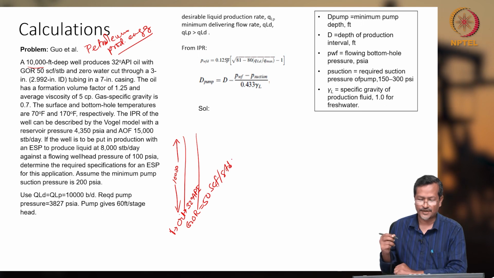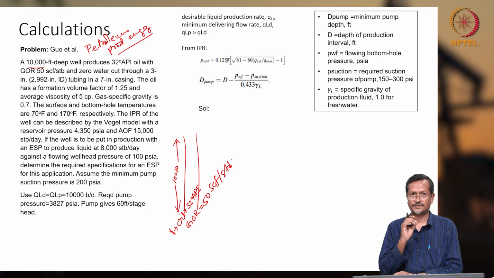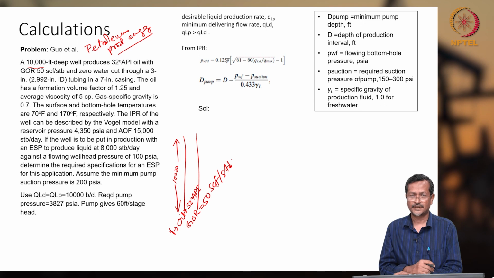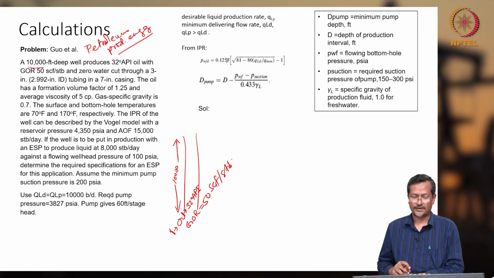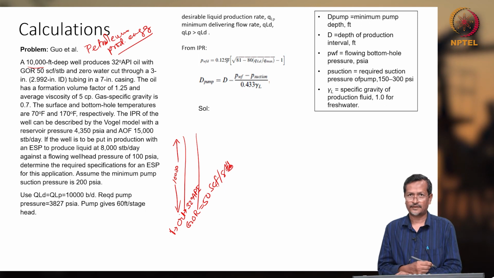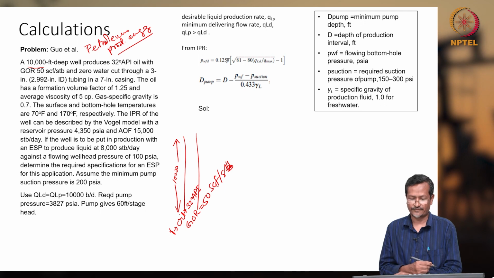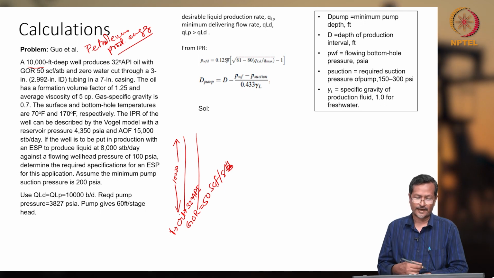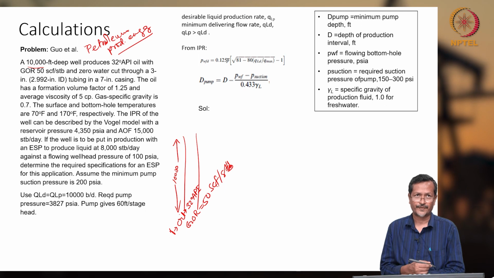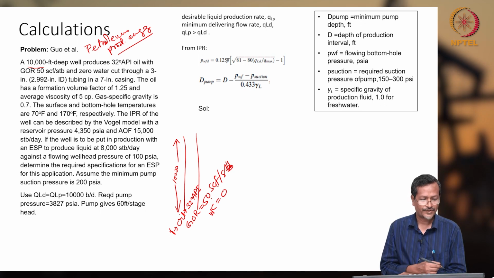You can remember, SCF is standard cubic feet. Whenever you say standard cubic feet, that means 14.7 psi pressure and 60 degree Fahrenheit. Stock tank barrel means surface condition. STB means stock tank barrel condition. Again it is the normal condition like 14.7 psi and 60 degree Fahrenheit. So the gas oil ratio GOR you are measuring, and zero water cut, so WC equals 0. And what else is given there? 3-inch tubing.